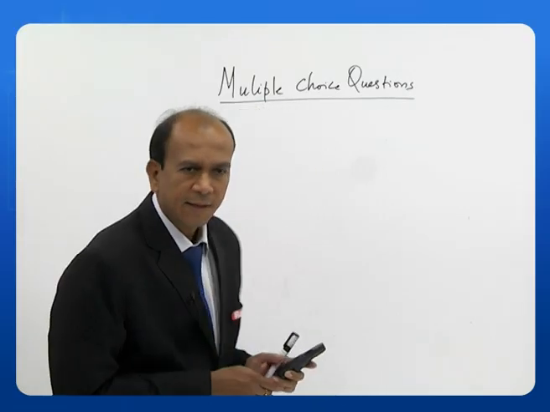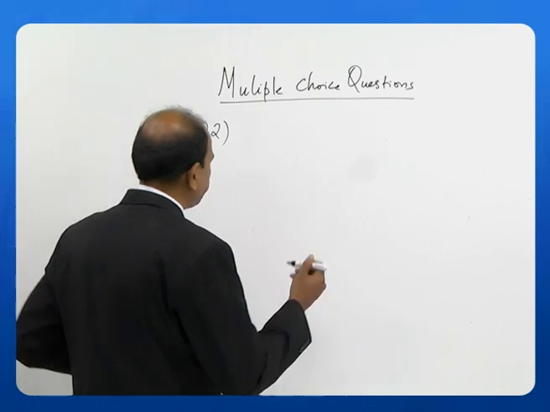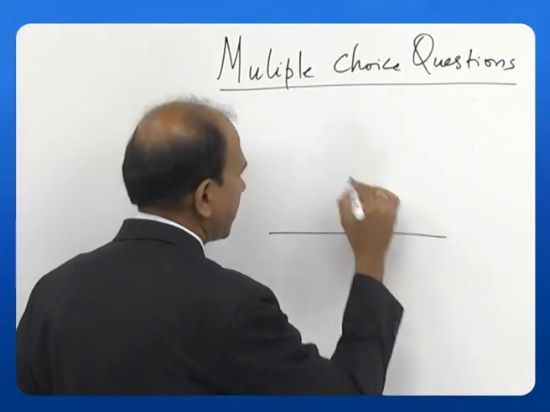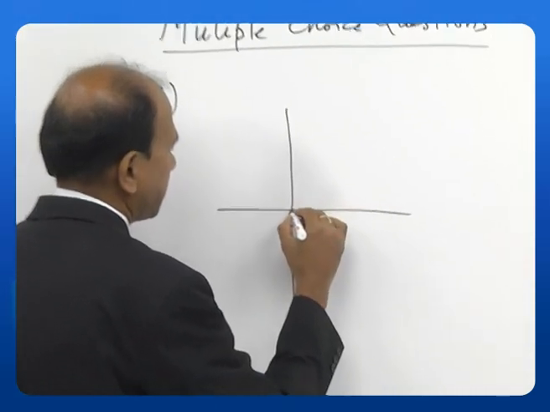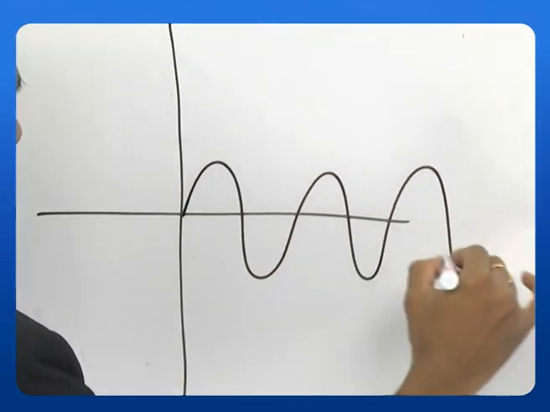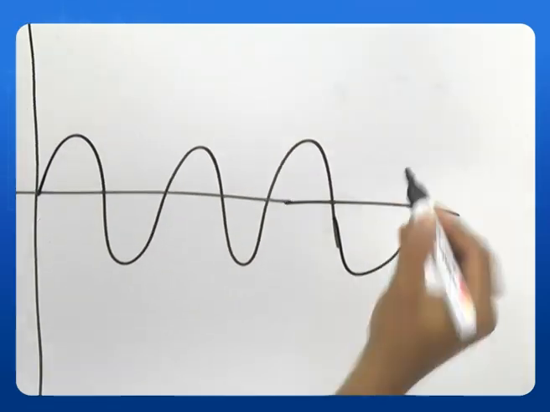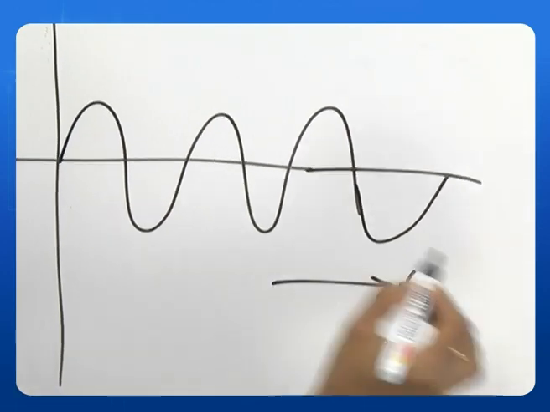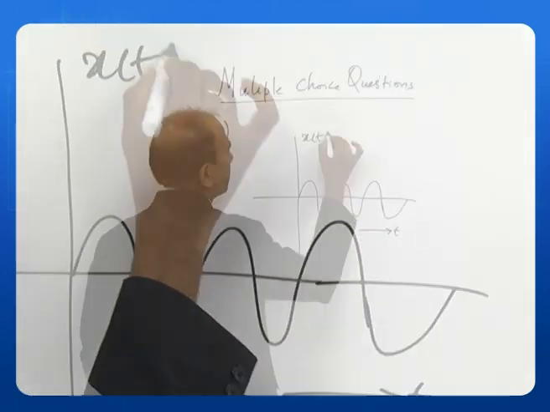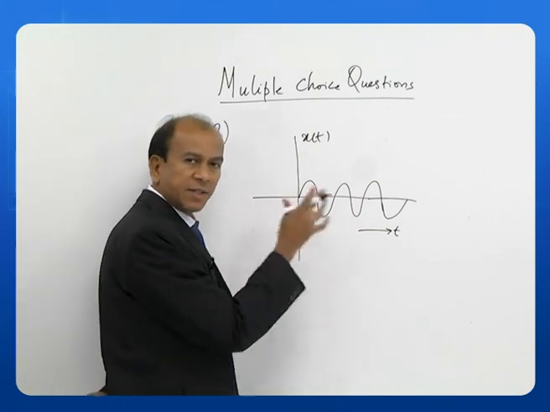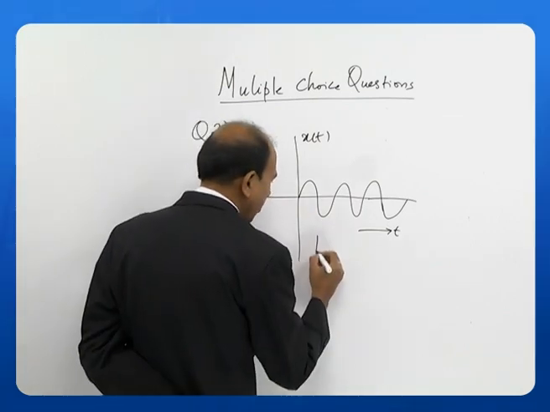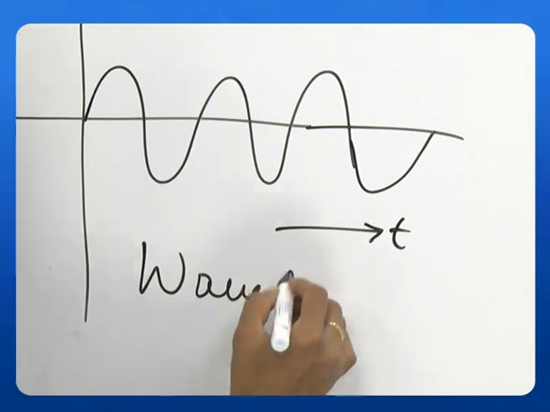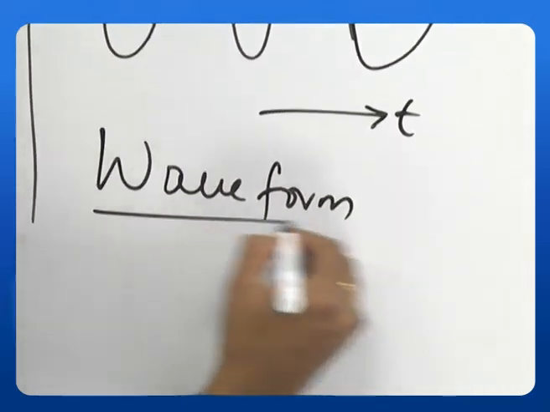Let us see this. This is a time domain representation of a signal. We call this a waveform.